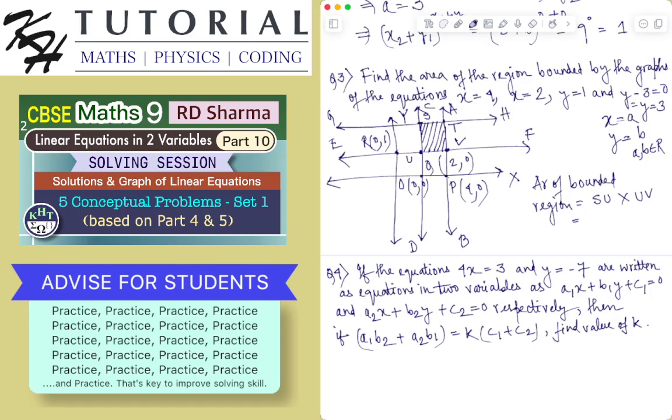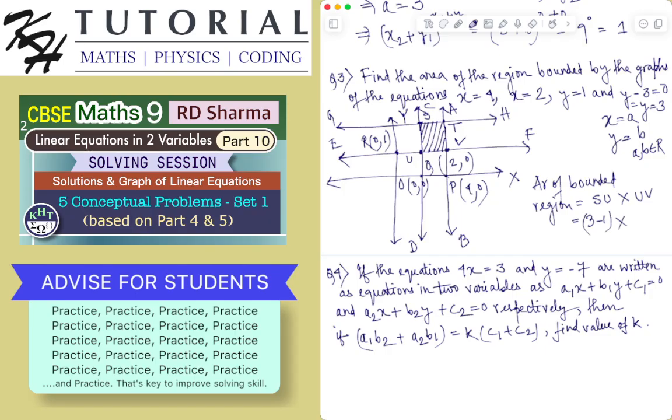So the ordinate of point U will be 1. And what will be the ordinate of point S? Ordinate means y coordinate. The ordinate of point S will be the distance of the line GH from the origin, which will be 3. So 3 minus 1 is the length of SU, multiplied by UV.